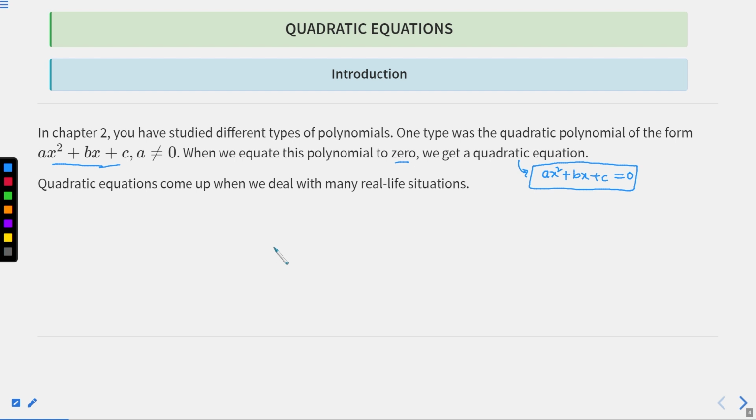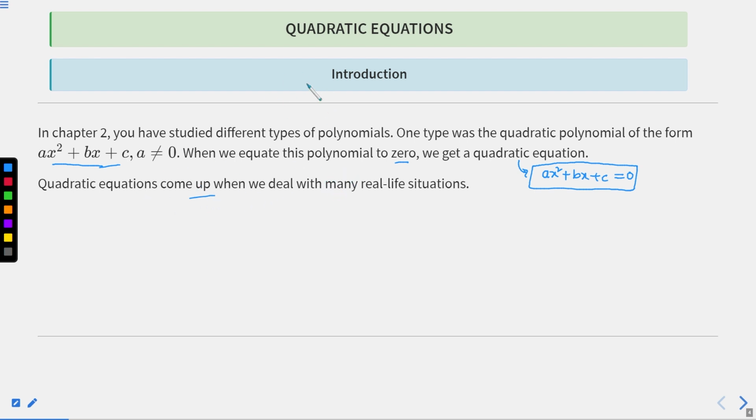Now the question may come to your mind: why do we study quadratic equations? Basically, many real life situations give rise to quadratic equations. That is why we have to study them. This chapter is very important for your board exam, so study it very carefully.